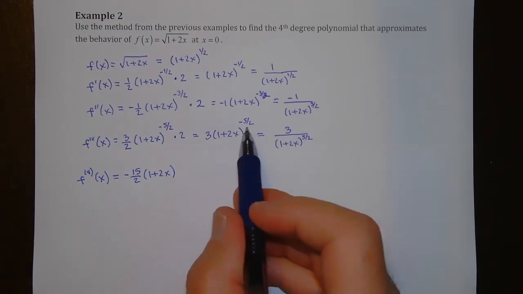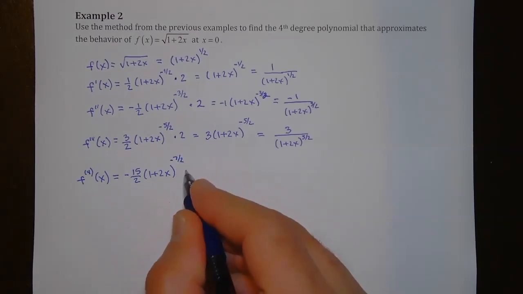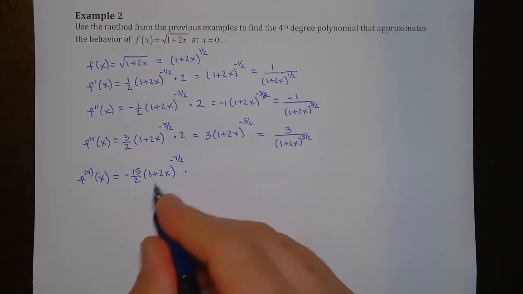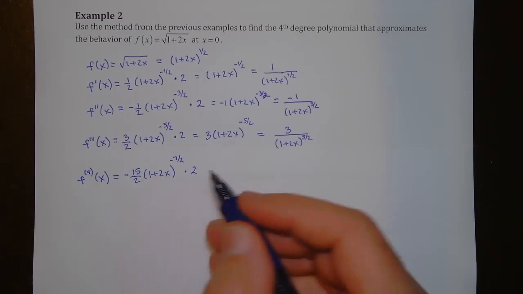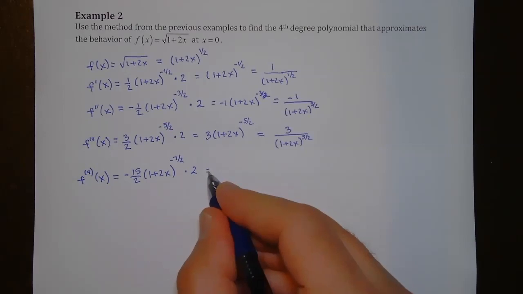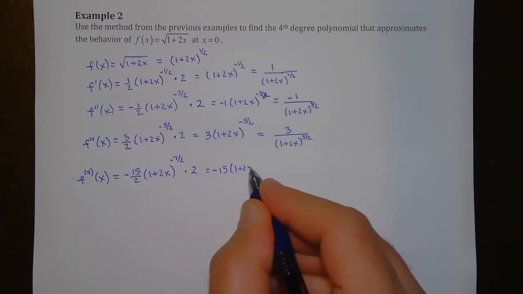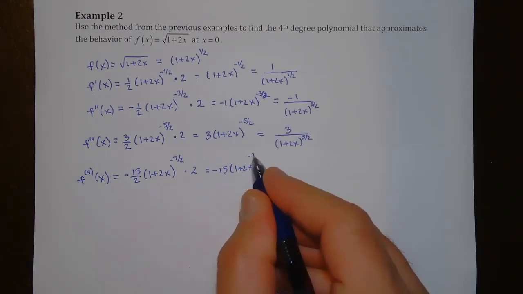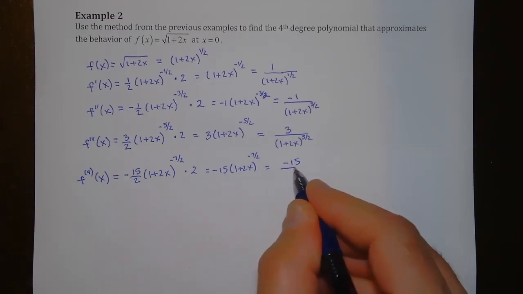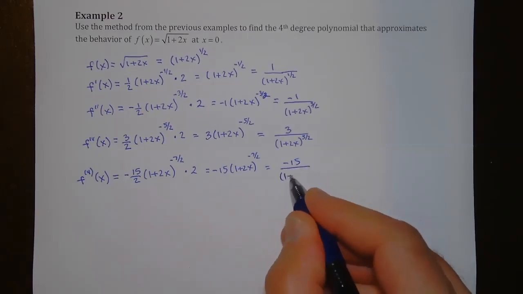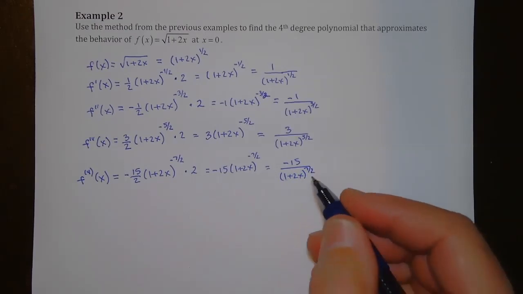And we got to subtract 1 from the exponent, so that makes negative 7 halves, times the derivative of the inside, right, which is 2 again. And so here my 2's cancel again, and I'd be left with negative 15 times 1 plus 2x raised to the negative 7 halves, or negative 15 over 1 plus 2x to the 7 halves, okay?